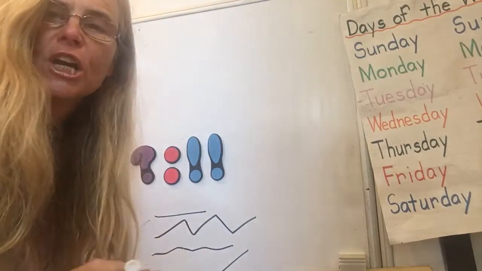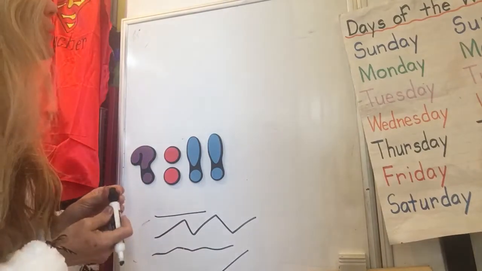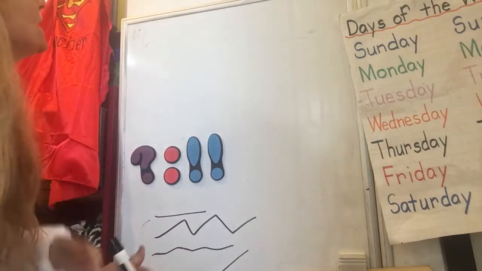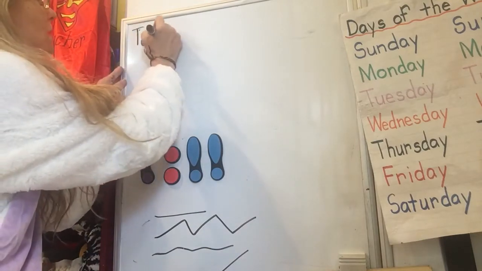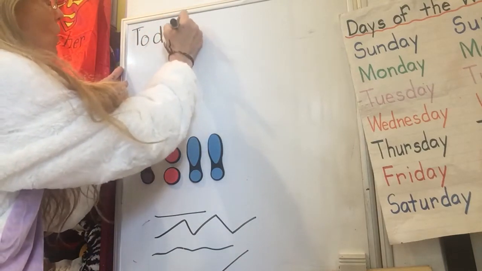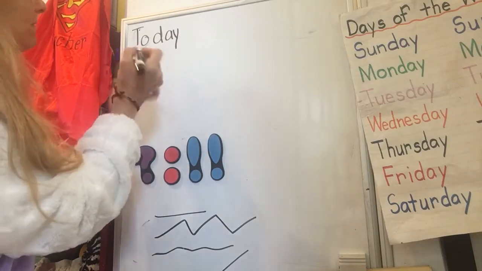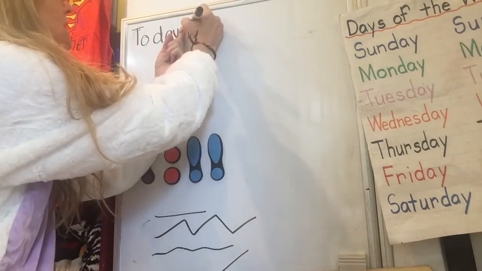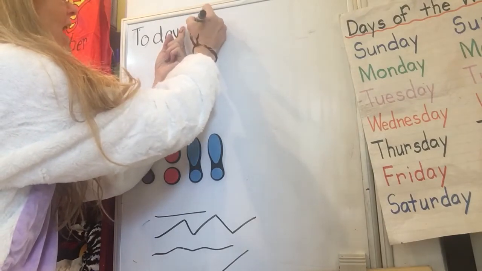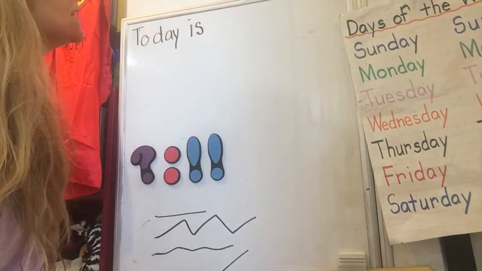Alrighty. Marker in hand. Looks like we're ready to roll. So, today, capital T-O-D-A-Y, then a space, is, I-S.